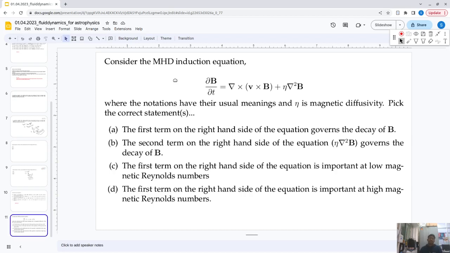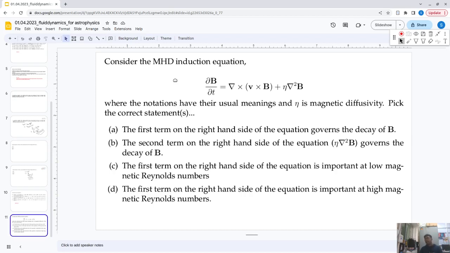When you have just del B by del t equals curl of v cross B, it gives the impression that if the plasma is moving at a certain speed, then the magnetic field will also be dragged with the plasma, so that the magnetic flux embedded in the plasma remains conserved during this motion. That is the first term's contribution.